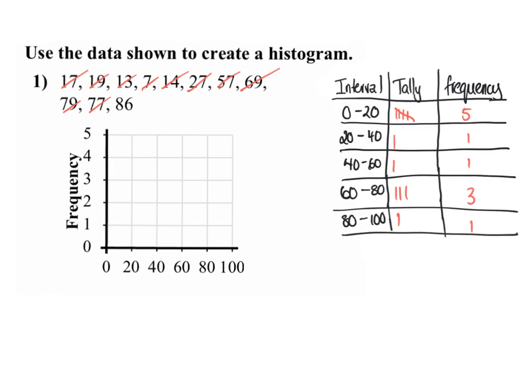Over here, you can see I've ruled up my 2 scales. Along here will be my intervals. So you can see I've got 0 to 20 here, 20 to 40 there. And here's my frequency along here. My first column was up to 5 between 0 and 20, so I'll draw a box like that.